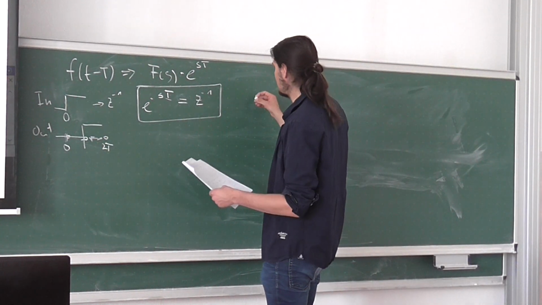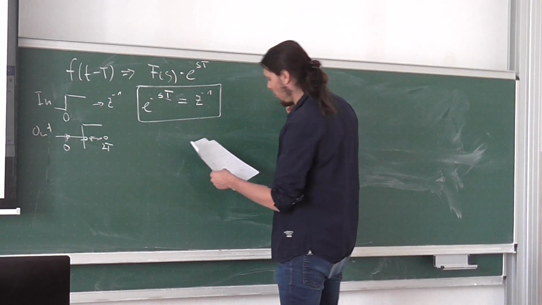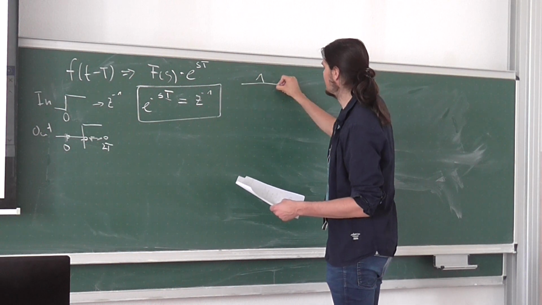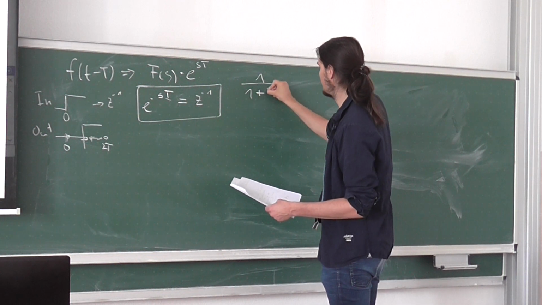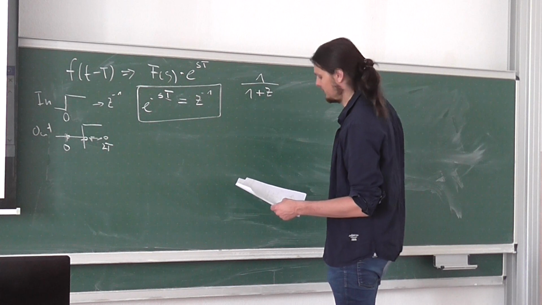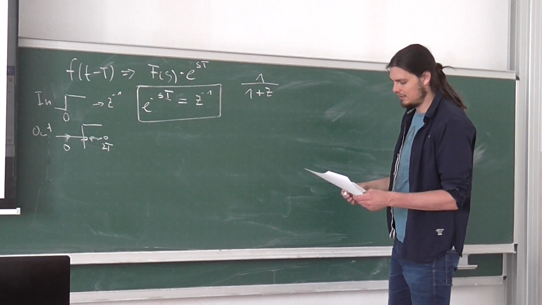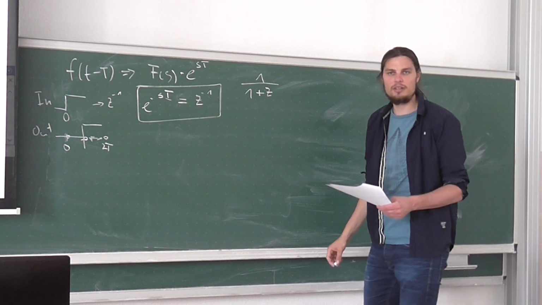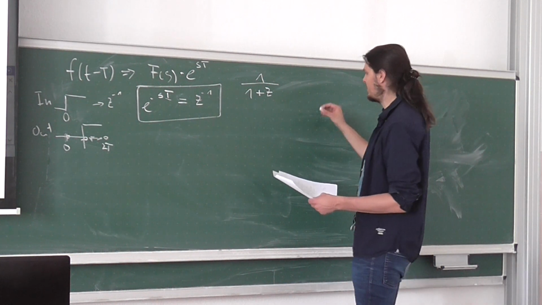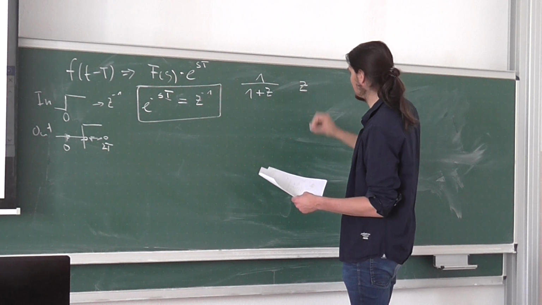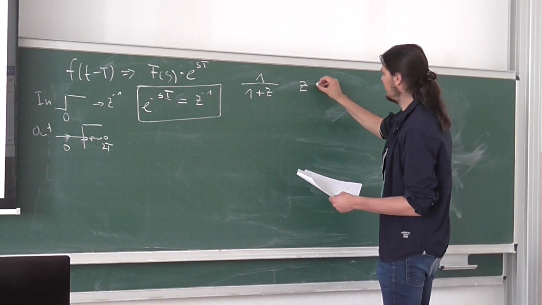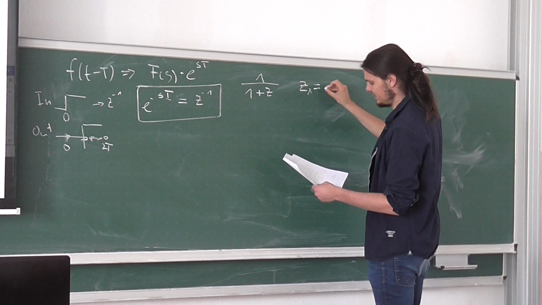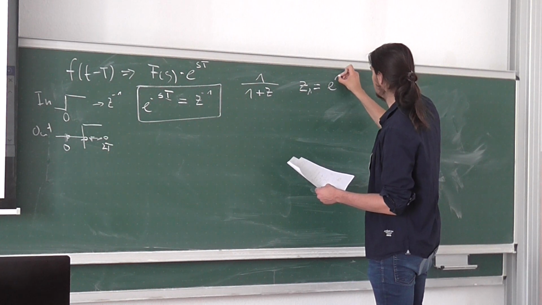And so this also means that when you look at poles, right? So in the Z domain, for instance, you have a transfer function that looks like 1 plus Z. That also means that my pole now is at minus 1, right? And this pole basically means that Z, the pole, is the same as e to the theta t.